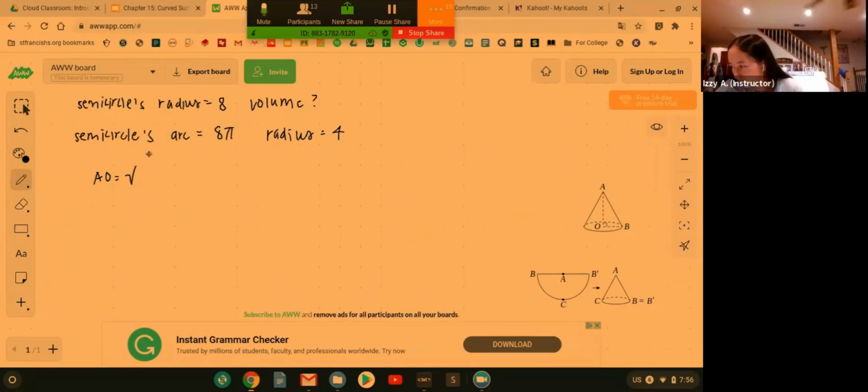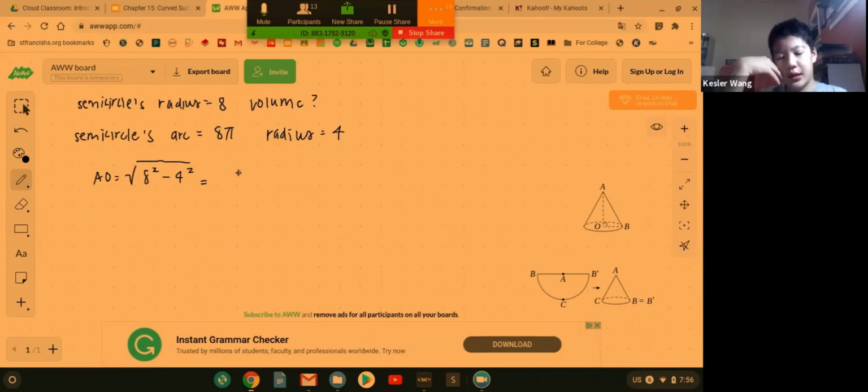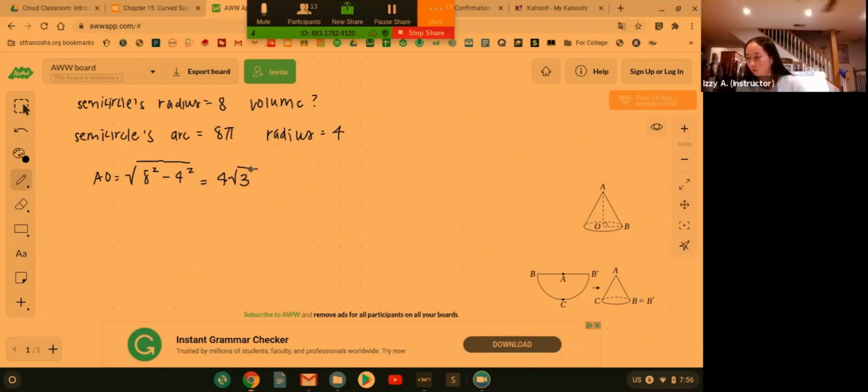So I'm just going to do all of that really quick. That would be the square root of 8 squared minus 4 squared. So that's 64 minus 16, which is 48, so 4 times the square root of 3.